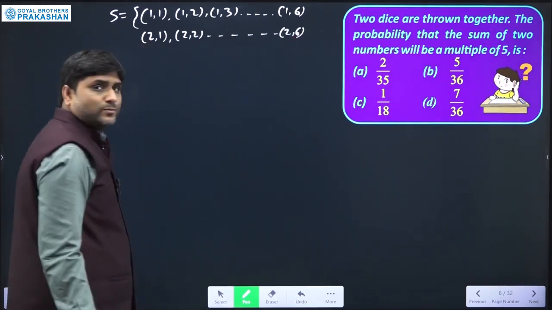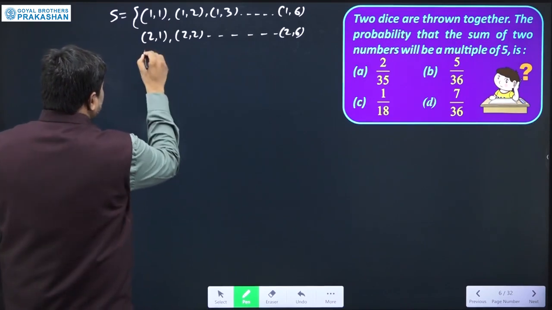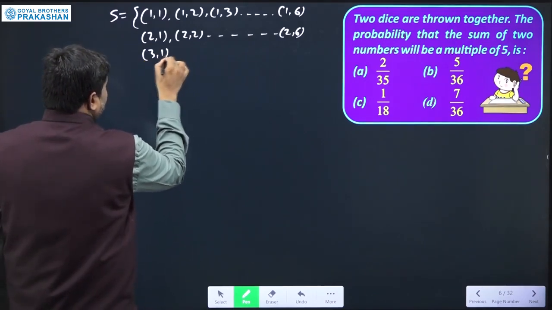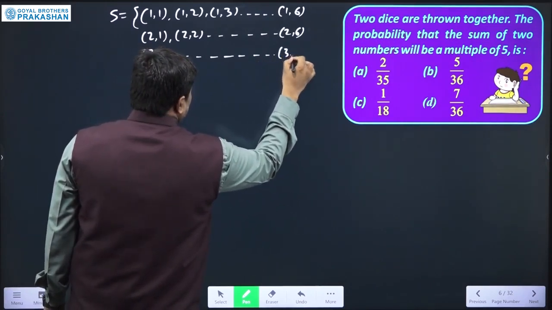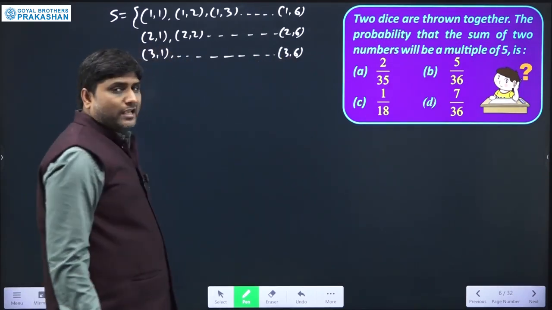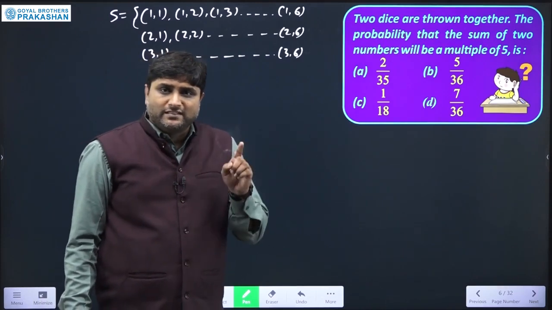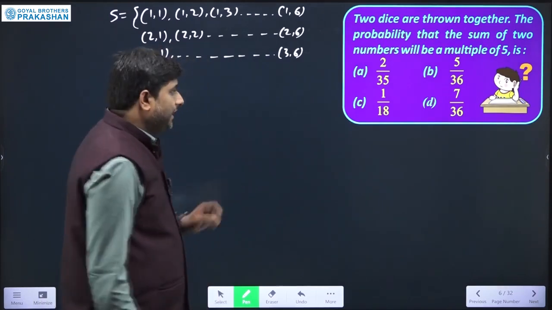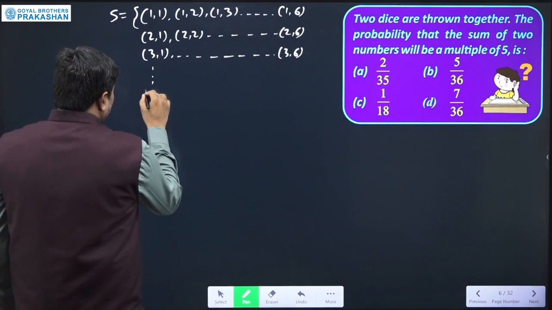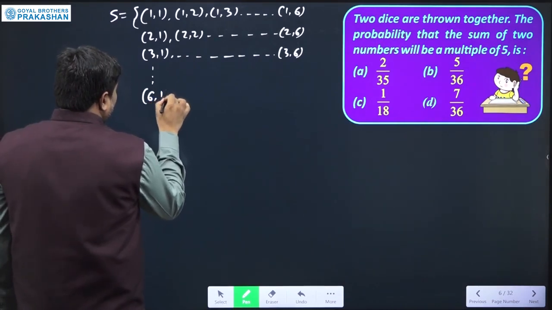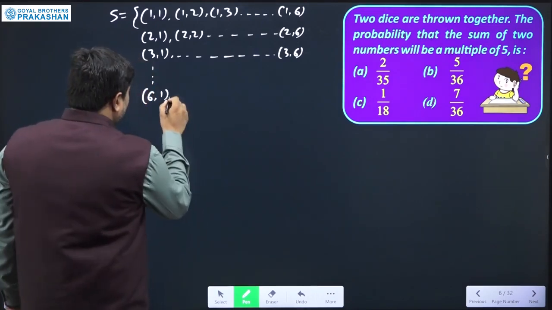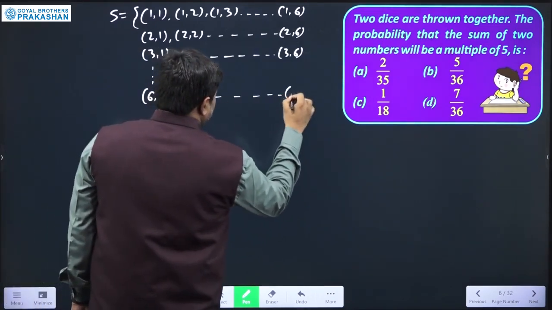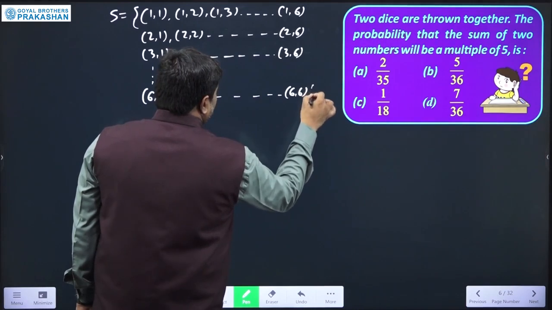So again there are 6 possibilities. Now if I fix 3 on the first die, then on second dice the possibilities are from 1 to 6. So every time there are 6 possibilities when I fix a number on first die. So up to, if I fix 6 on first die, then there is possibility of 1 on second die up to 6 on second die.